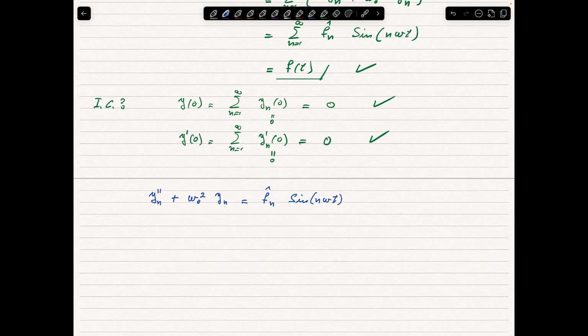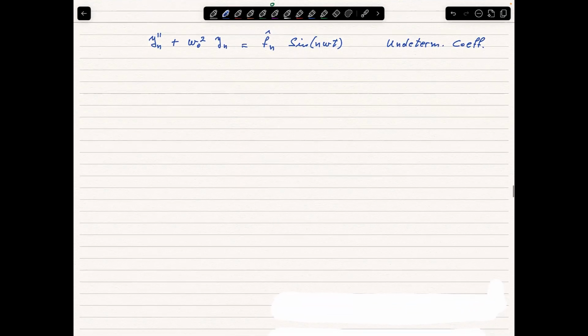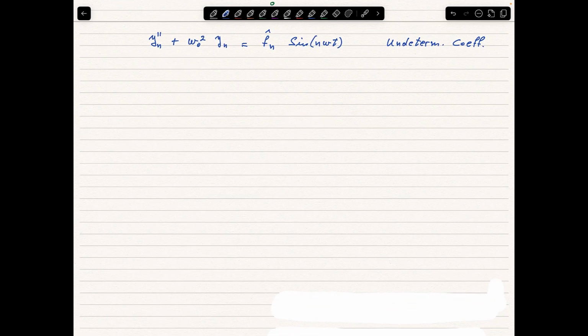And now we can use undetermined coefficients, because the right hand side is simple. How do we solve this problem with undetermined coefficients? Well, now we need to recall how this is done. It is done first by finding the solution of the homogeneous equation. What is the homogeneous equation here?